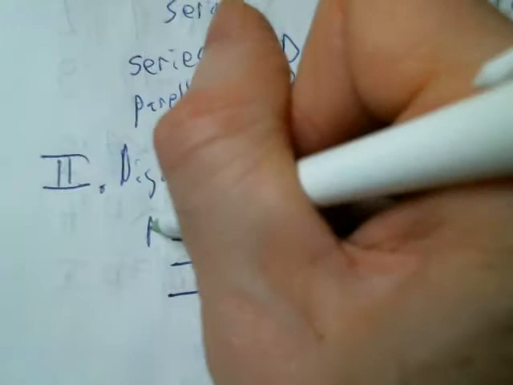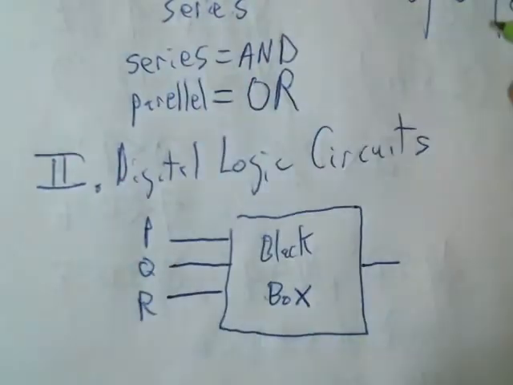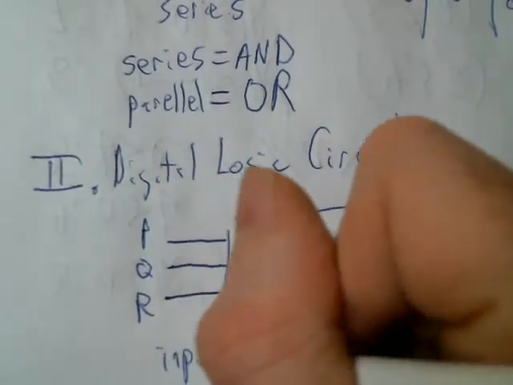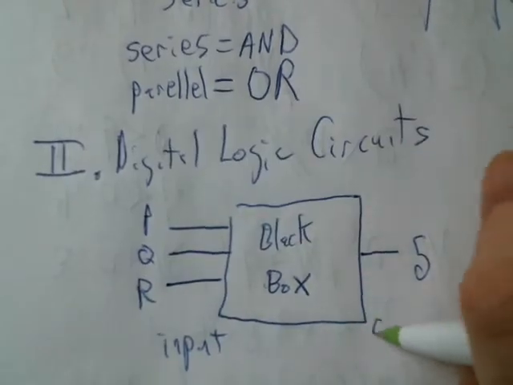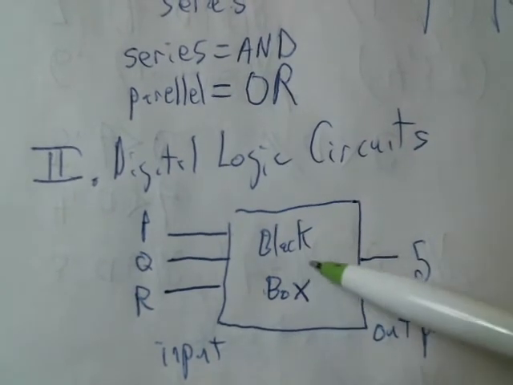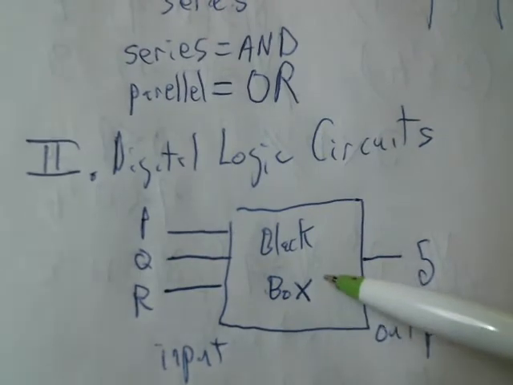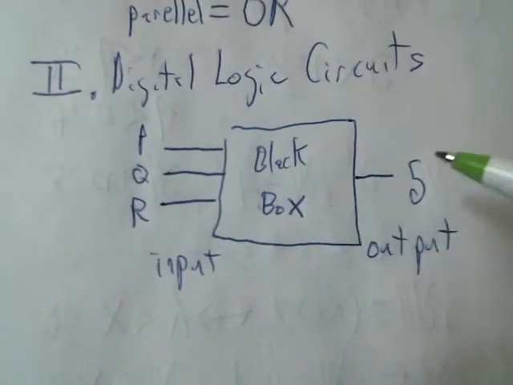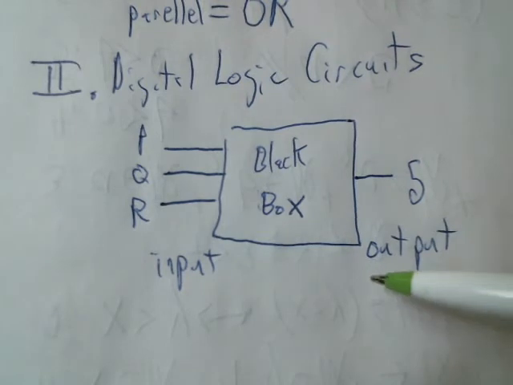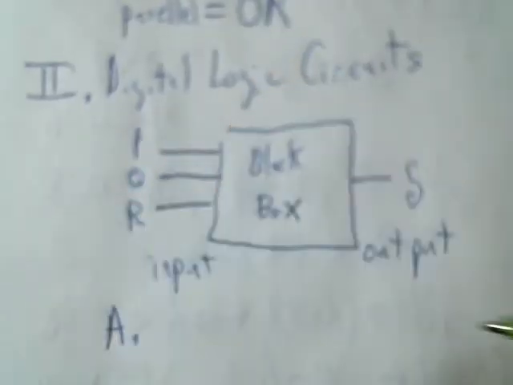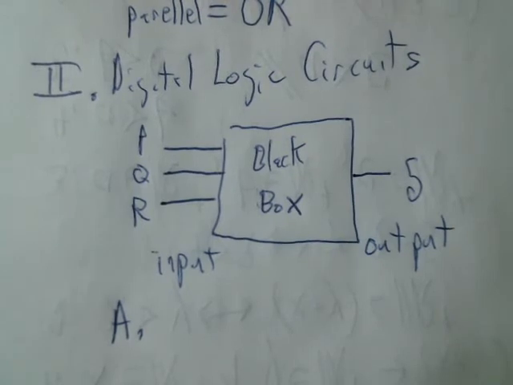Okay, so the inputs will be P, Q, R, and then the output in this case we'll call S. So these will be our inputs, and over here the output. Okay, and then this black box can be any way you want to build it. We can describe it with truth tables, and the fundamental building blocks of these circuits, we'll call them gates. So those will just be the ands, the ors, and the nots.